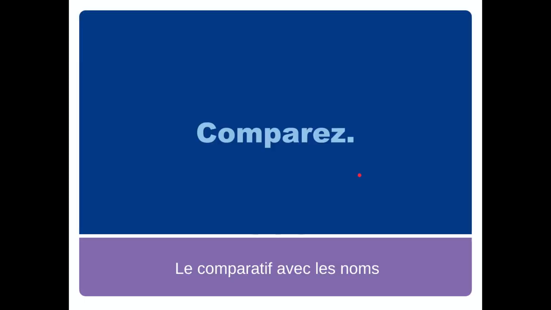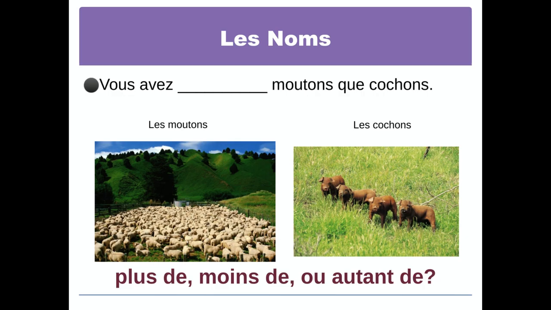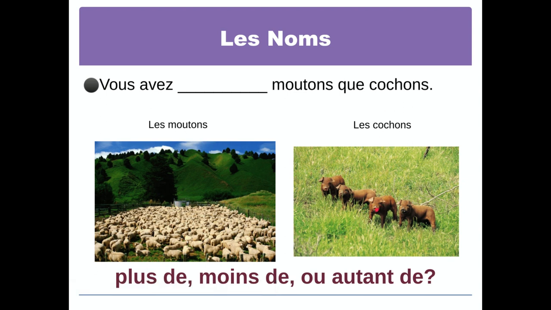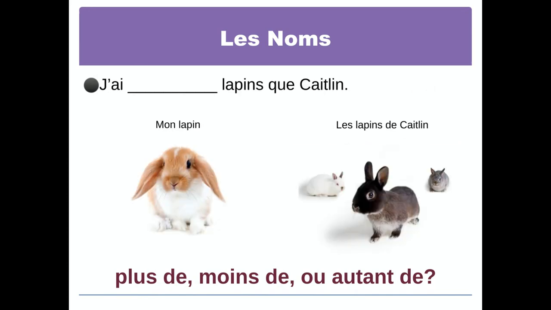So, comparer, you're going to have to tell me what you need in the blanks. So, numéro 1, vous avez either plus de, moins de, or autant de moutons que cochons. Ça, c'est des moutons, sheep. Et ça, ce sont des cochons, cute pigs. So, tell me, do you need plus de, moins de, or autant de?